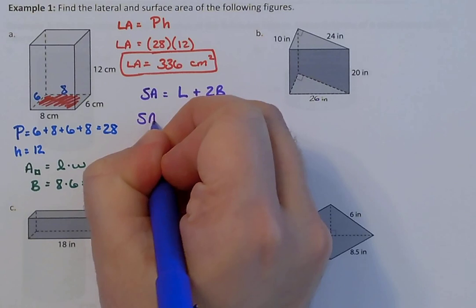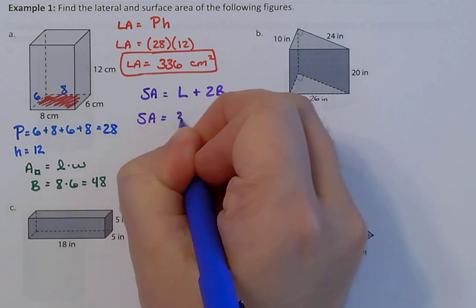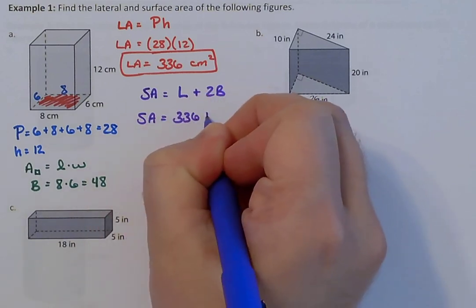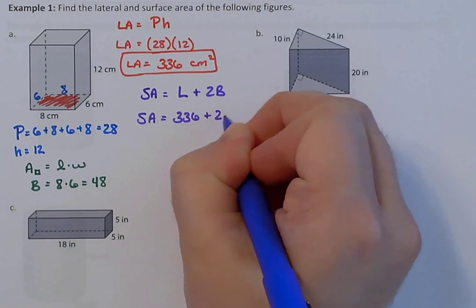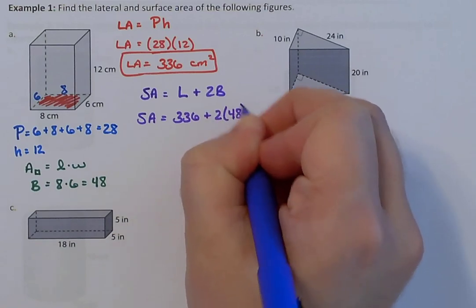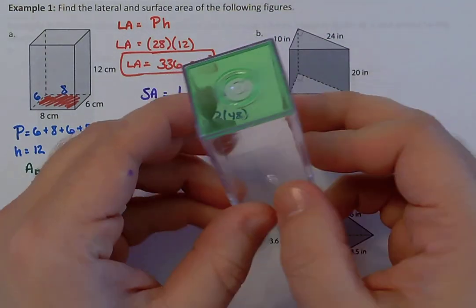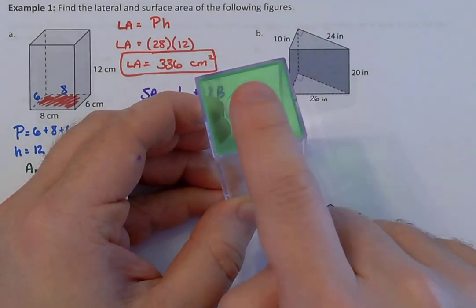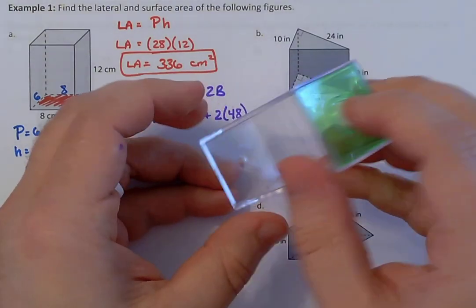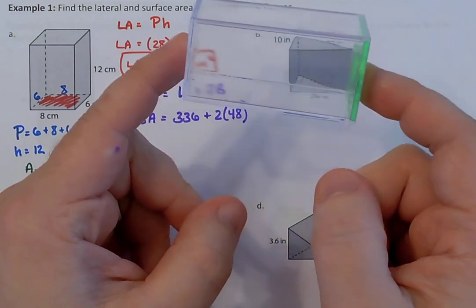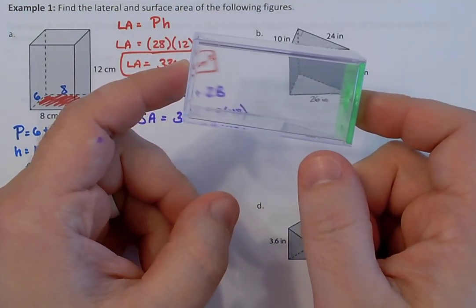So our surface area is equal to 336 plus 2 times 48. 48, like I said, represents the area of this green part. It's the area of our base. And the reason why we're multiplying by 2 is because every prism has 2 bases.